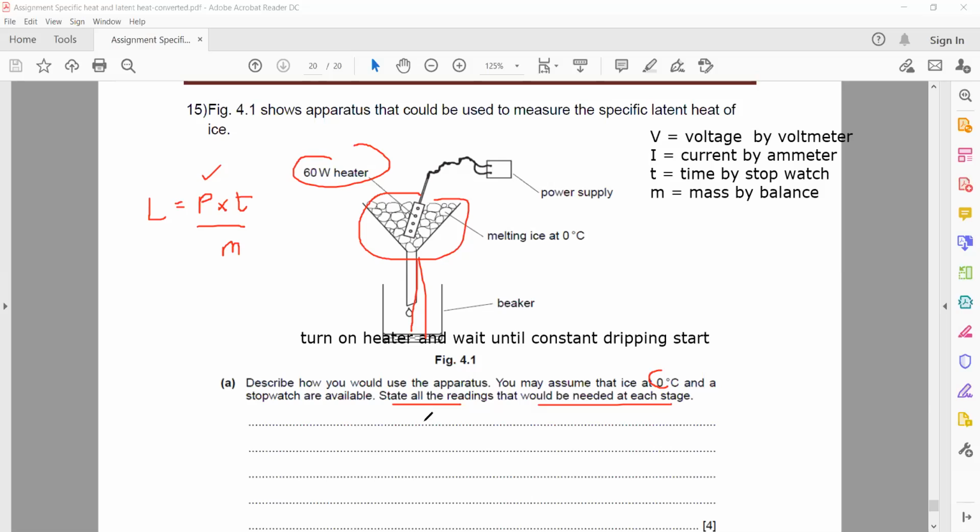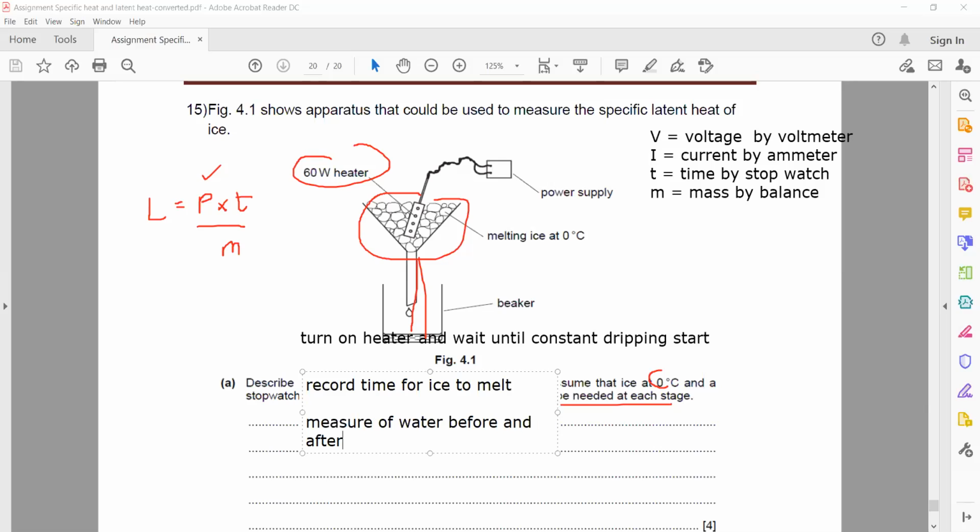So turn on the heater until constant dripping starts, and then record or measure the mass. Then measure the time taken for the ice to melt, and measure the mass of water before and after, because some of the water is still there.